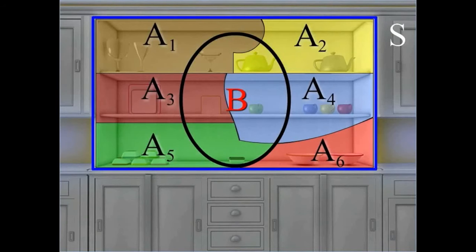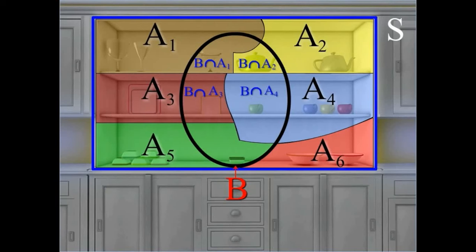If B is any event associated with sample space S, then B can be expressed as the union of sets B intersection A1, B intersection A2, B intersection A3, B intersection A4 and B intersection A5.